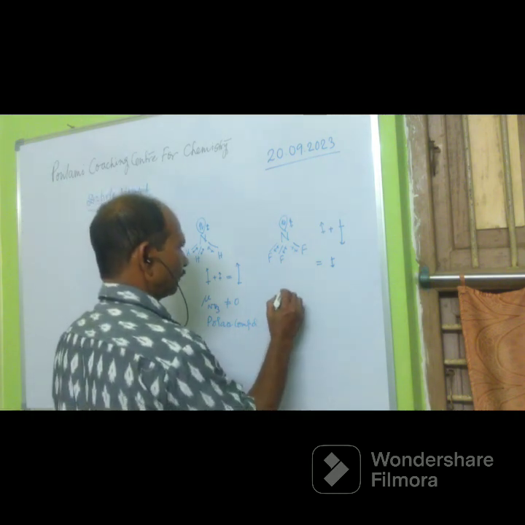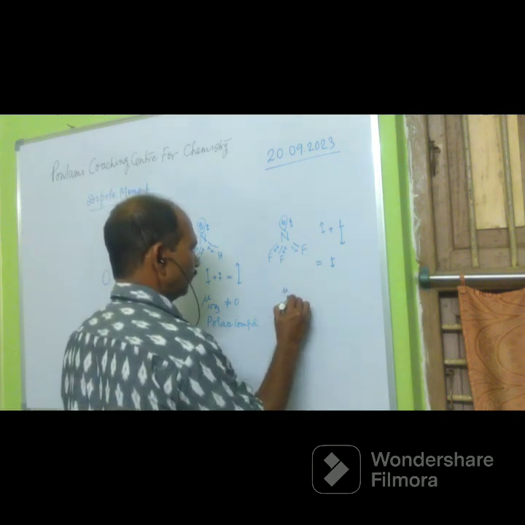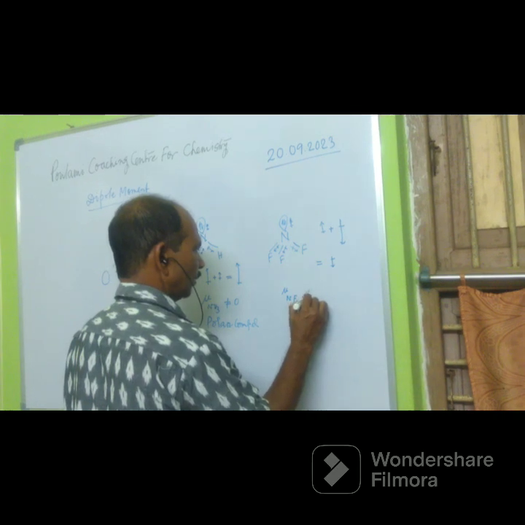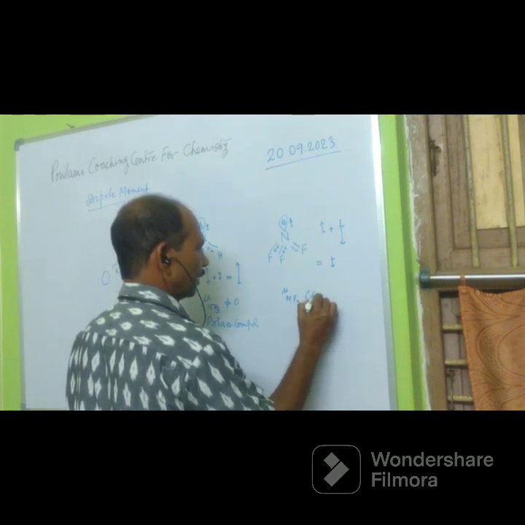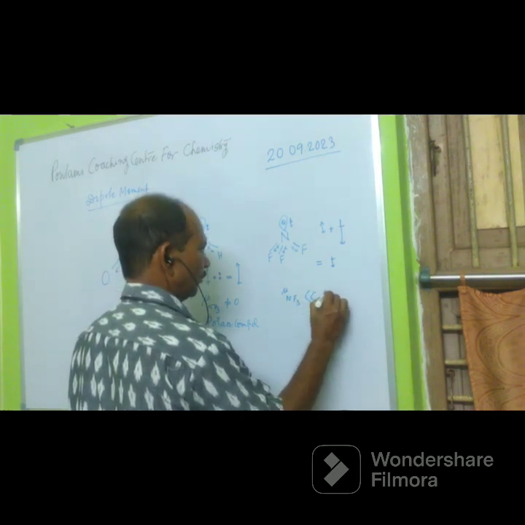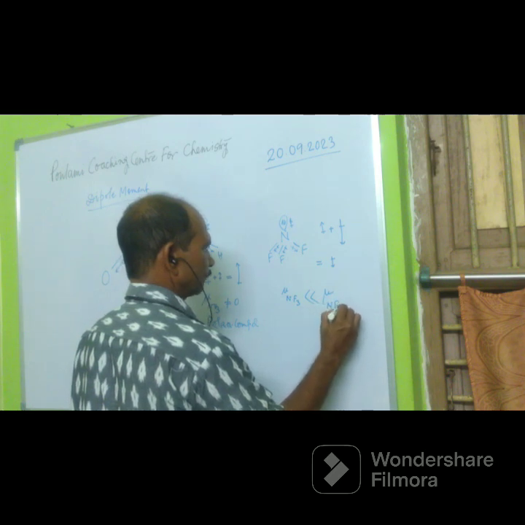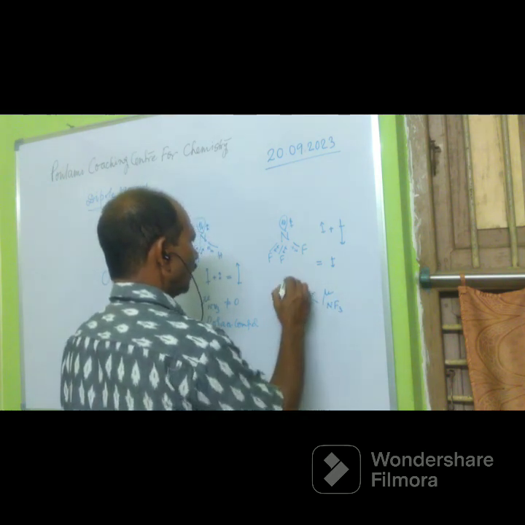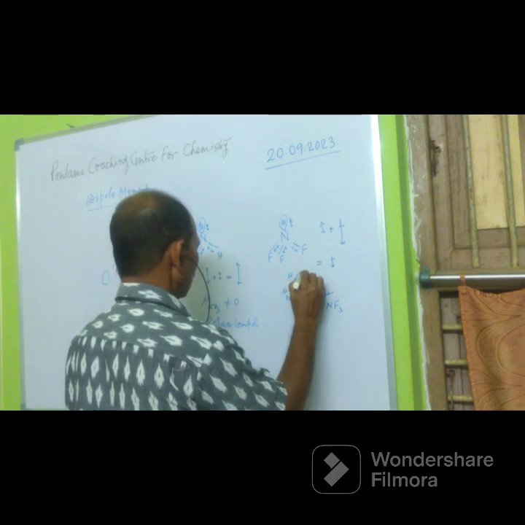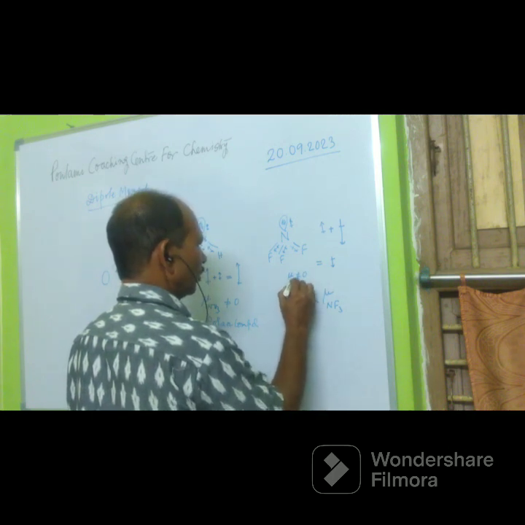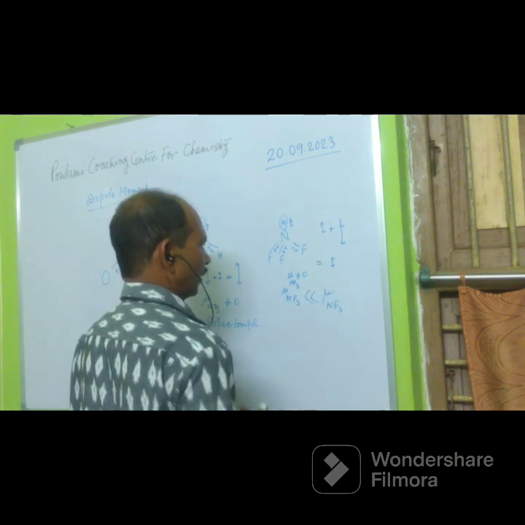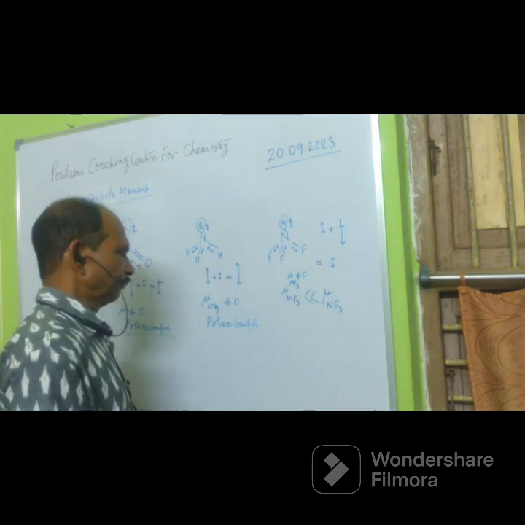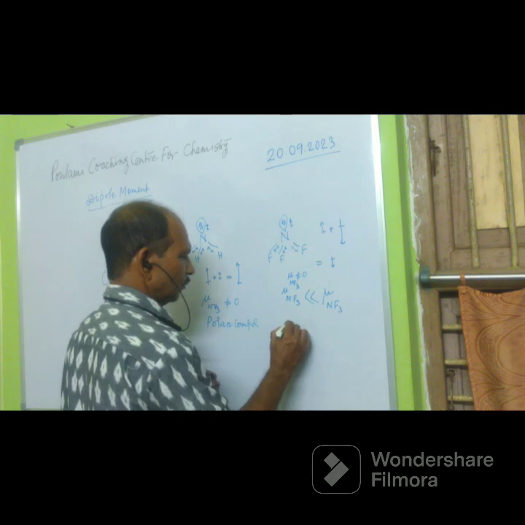So, mu of NF3 is obviously very much less than mu of NH3. Okay, and obviously mu is not equal to 0 here. That means NF3 has a low dipole moment, and it is also a polar compound.